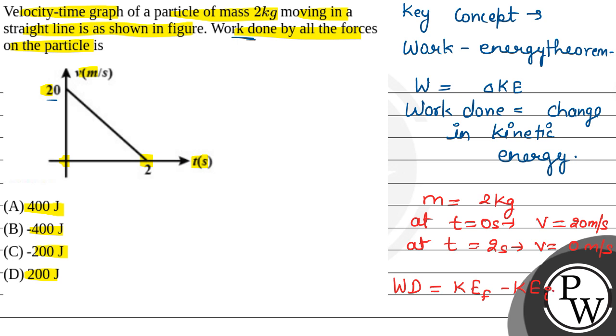Okay, so now let us see the formula. So work done is equal to kinetic energy final, that means half m vf square minus half m vi square.